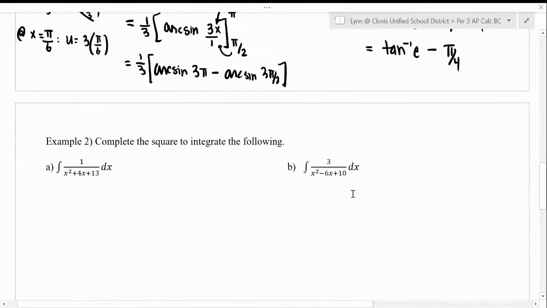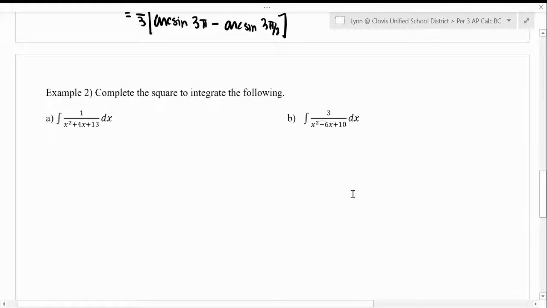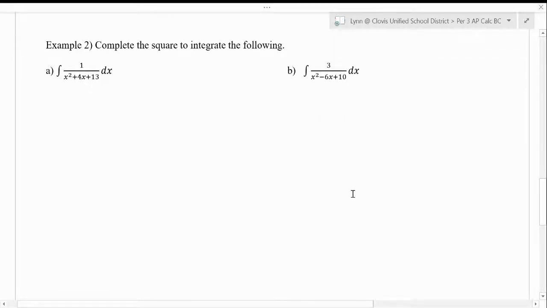And then our last page here is working with that completing the square piece, which if you get the completing the square and you get what we just did, this will be relatively straightforward. Okay, so if I look at this, so it tells me to complete the square. So I'm going to go ahead and do that. And I don't need to do anything with the 1.